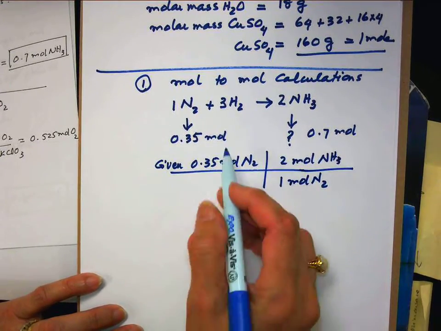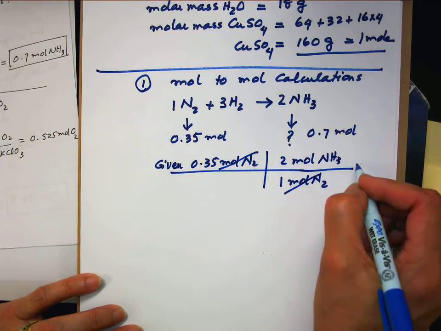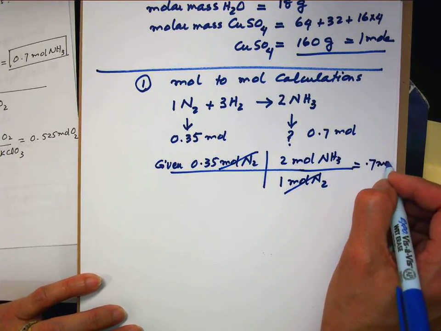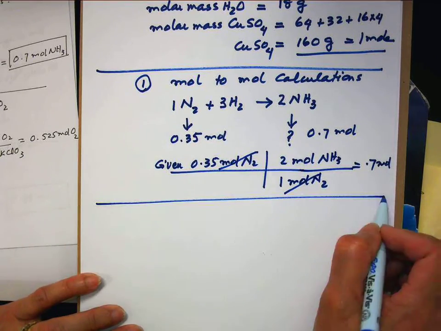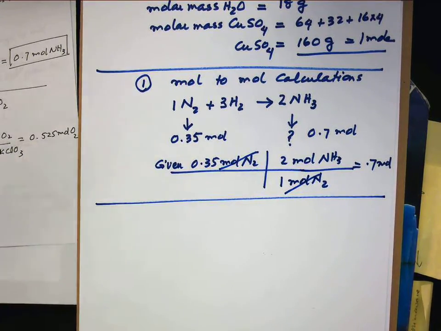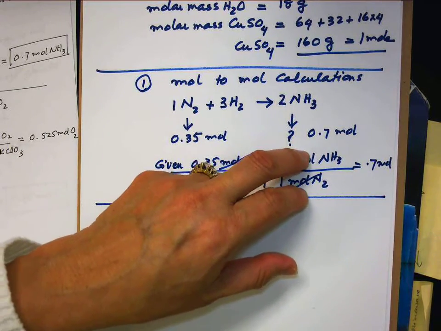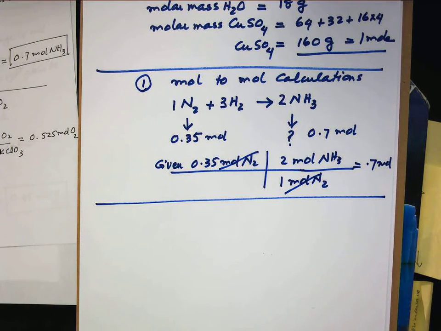Correct? So cancel this out, you got 0.7 mole. Either way, sometimes it's easy to do it in your head, but sometimes you have to write the ratio next to it. Okay? So now you are changing the moles of N2 to the moles of NH3.